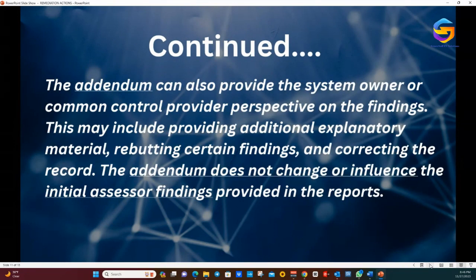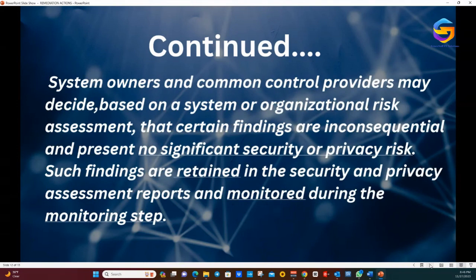The addendum can also provide the system owner or common control provider perspective on the findings. This may include providing additional explanatory material, rebutting certain findings, and correcting the record. The addendum does not change or influence the initial assessor's findings provided in the reports.